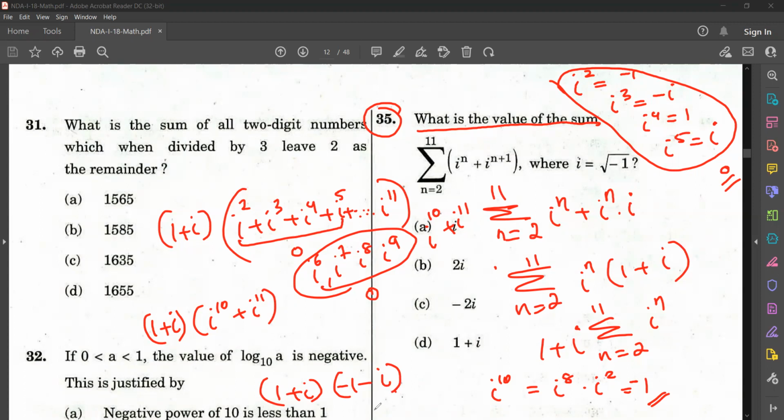Taking minus common, that becomes 1 plus 2i plus i squared, and i squared means minus 1, so that becomes minus 2i. Answer is minus 2i, option C.